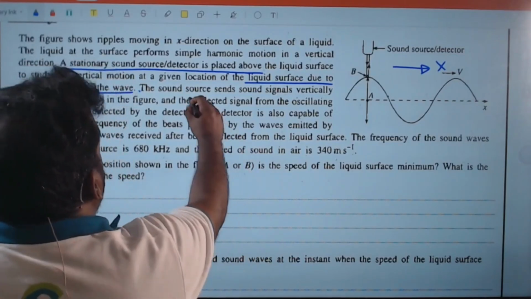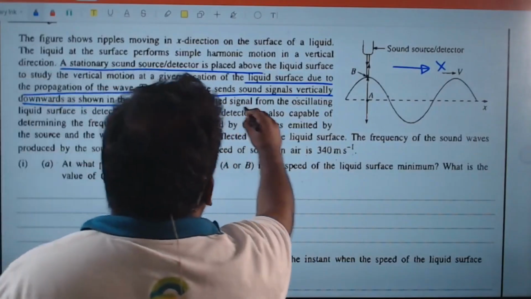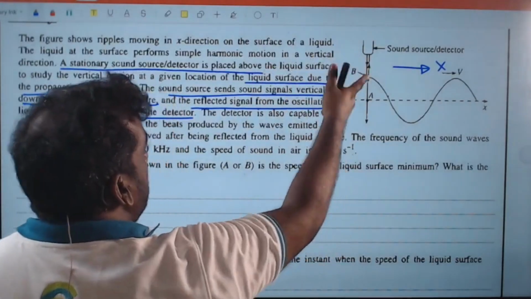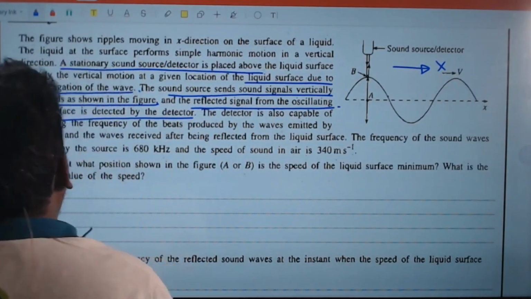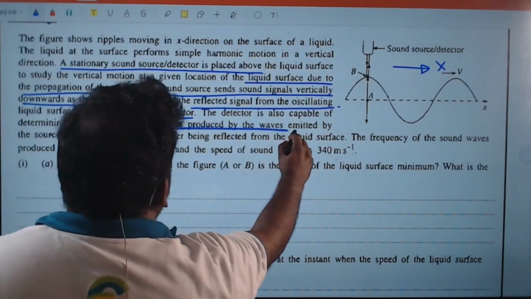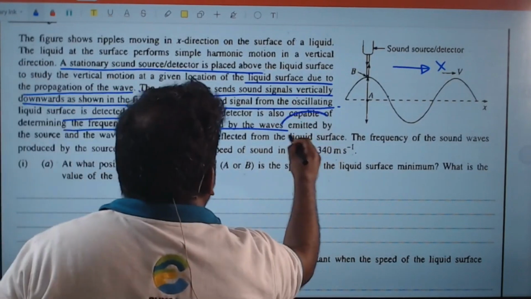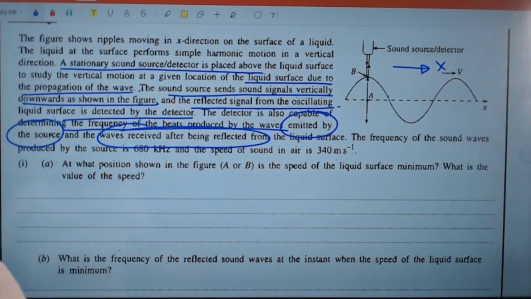The sound source sends signals vertically downwards and the reflected signal is detected by the detector. The detector is also capable of determining the frequency of the beats produced by the waves emitted by the source and received from reflection.